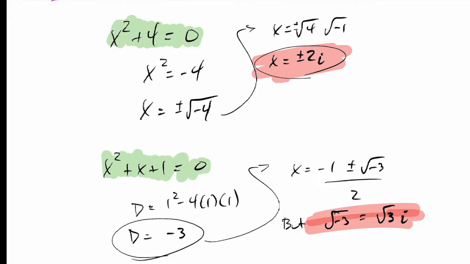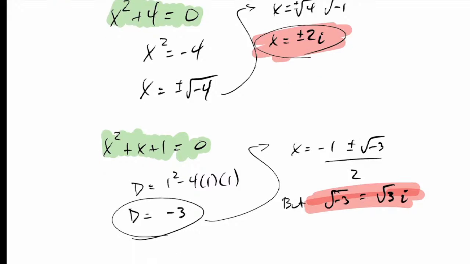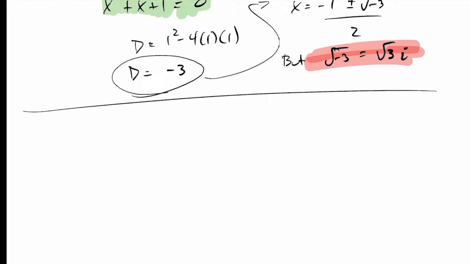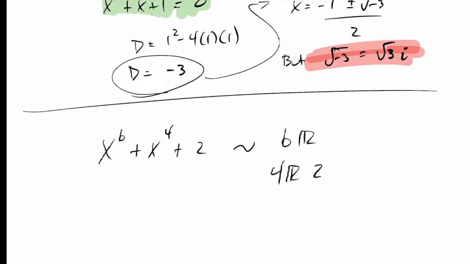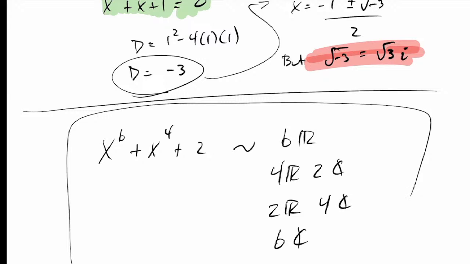Nothing else, just complex numbers come in pairs. So if I give you something like this, remember we talked about this has either 6 real roots, or it has 4 real roots and 2 complex roots, or 2 real roots and 4 complex roots, or all complex roots. Basic stuff like that.